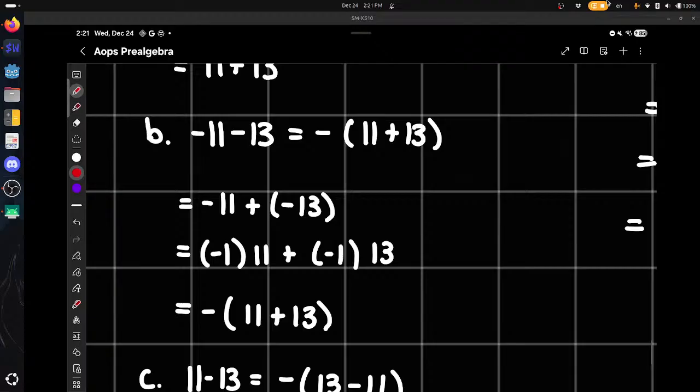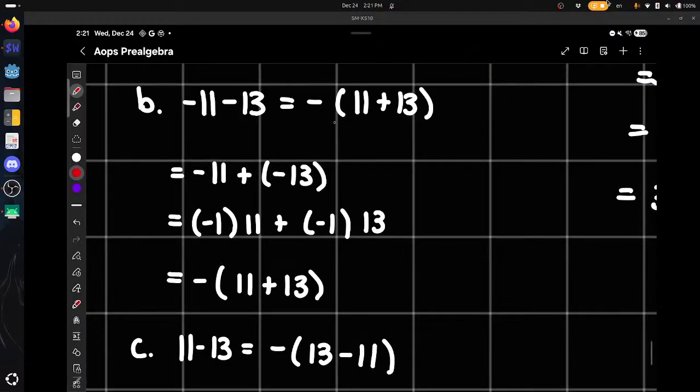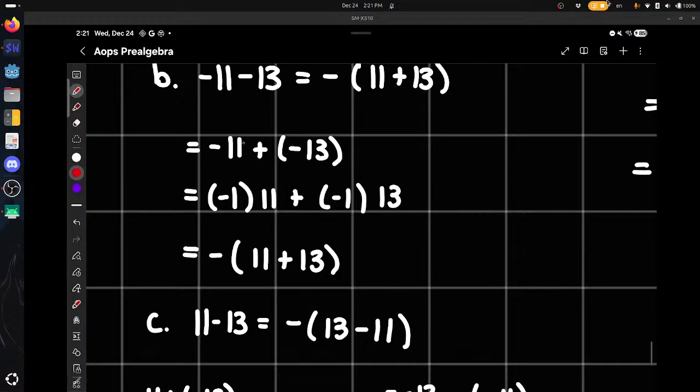Which is a good sign that my thought process is the same as the person who wrote these problems. Okay, in a similar way, so we're at question B now. Minus 11, minus 13, so we take the definition of subtraction again. As we can see, this turns into negation 11 plus negation of 13. And they did it a different way because they basically just skipped a step.